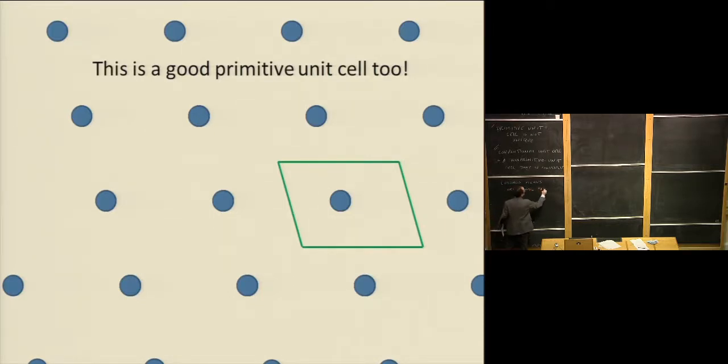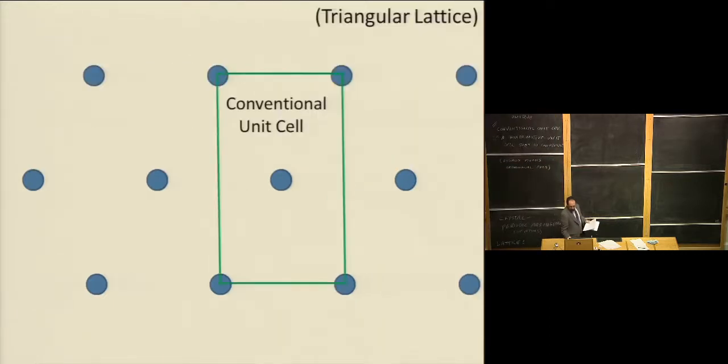Did I spell that right? I think so. So, for example, here we have a triangular lattice and a conventional unit cell here with orthogonal axes rather than a primitive unit cell.